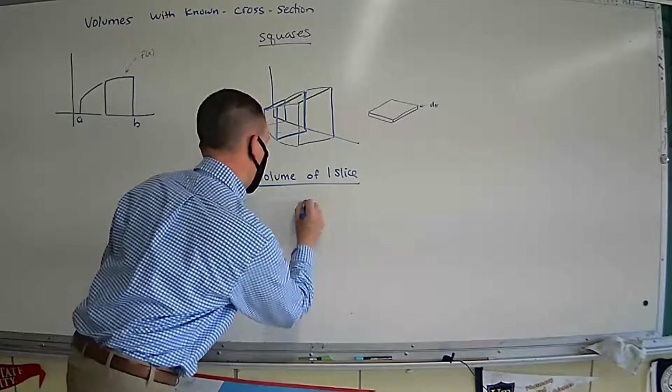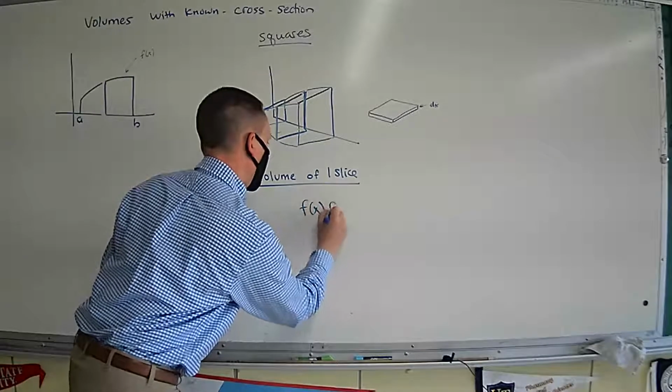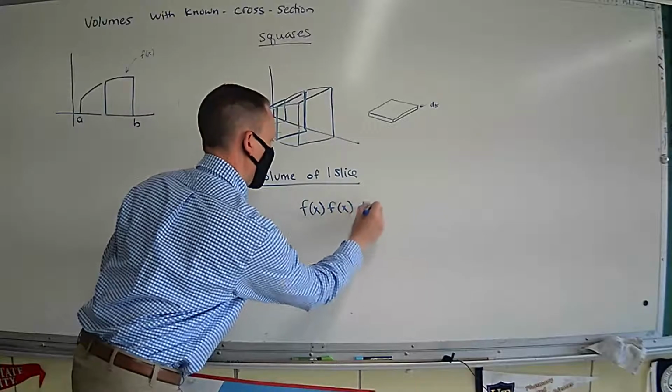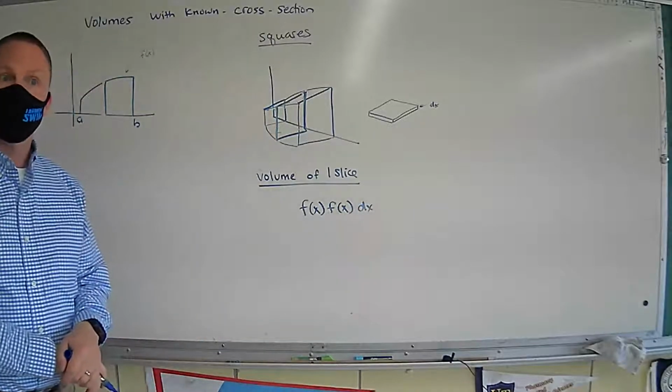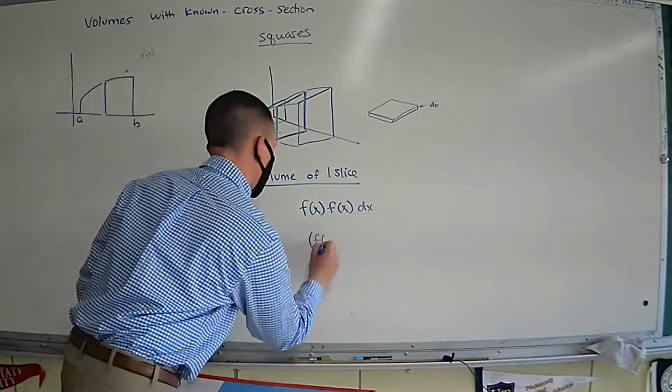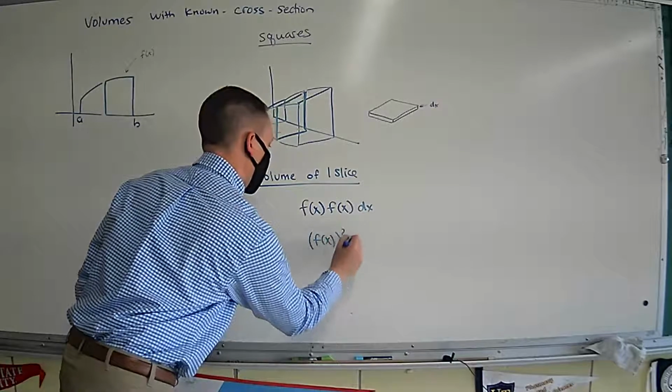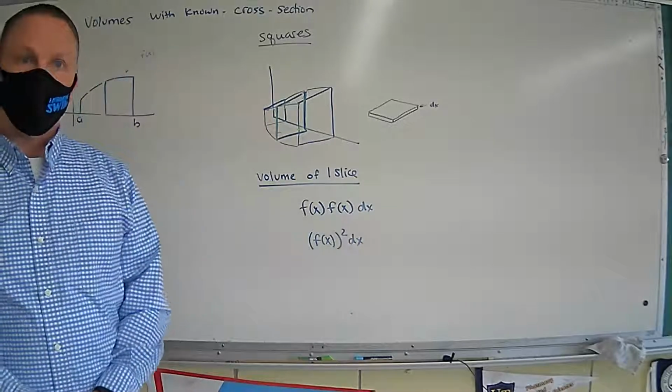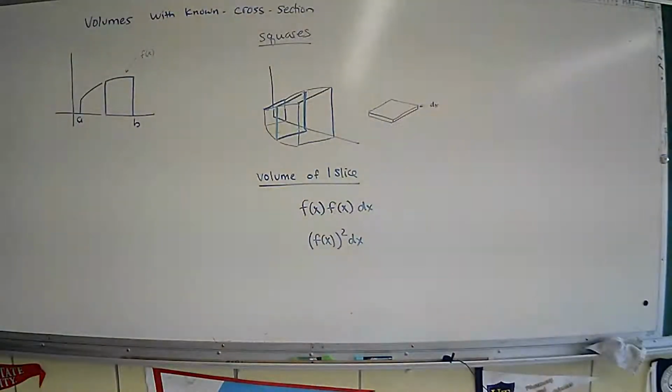So the volume of one slice would just be f of x times f of x times dx, or f of x squared times dx. So that's the volume of one slice. One piece of cheese that's infinitely thin.